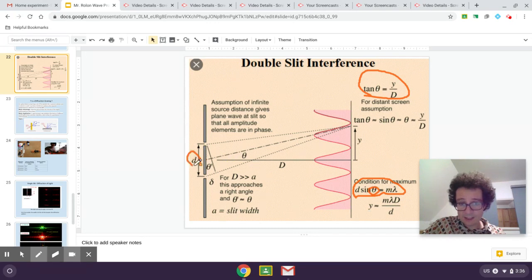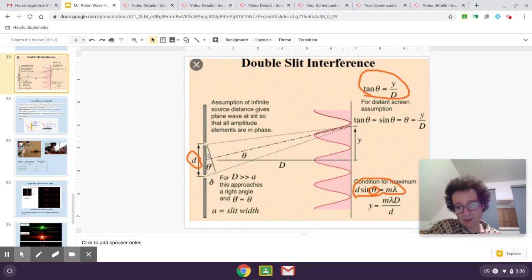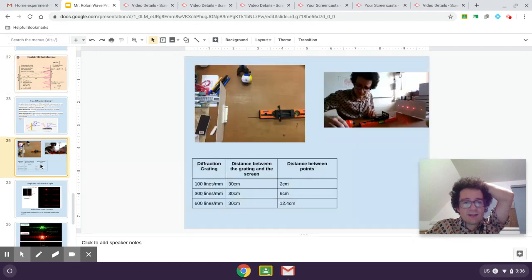You're going to ask me, what is D here? In these numbers, where is D? D is the distance between the two apertures here. So in this grating that I use, it's going to be the distance between the many apertures that there are in that grating.